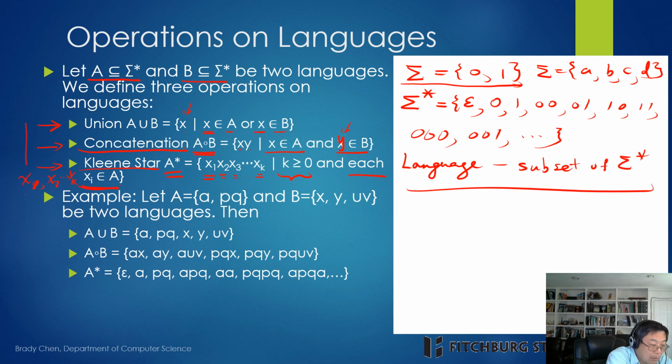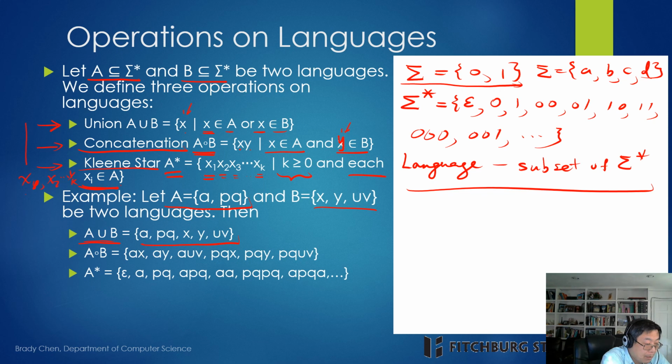Now here are some examples. Suppose A is a language which contains a and pq. B is a language which contains three strings, x, y, and uv. Now, the union of A and B is just like a union of two sets.